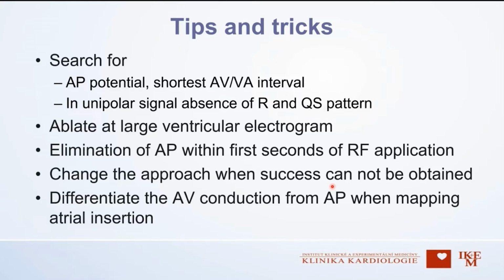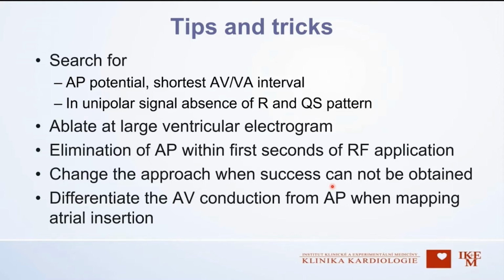Generally, we should select a site that has an accessory pathway potential, which should be a tiny, sharp potential. Because we are on an annulus, it should also have a short AV or VA interval. If you are mapping antegrade or the distal insertion in a ventricle, and we have a ventricle electrogram, there should be absence of an R wave, or a QS pattern in the unipolar potential, and I will show that later.